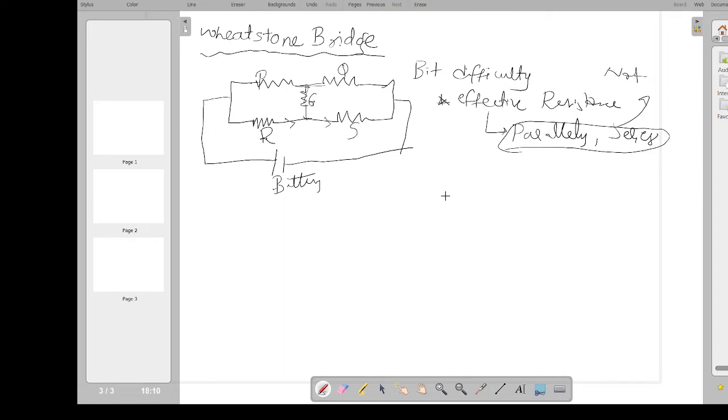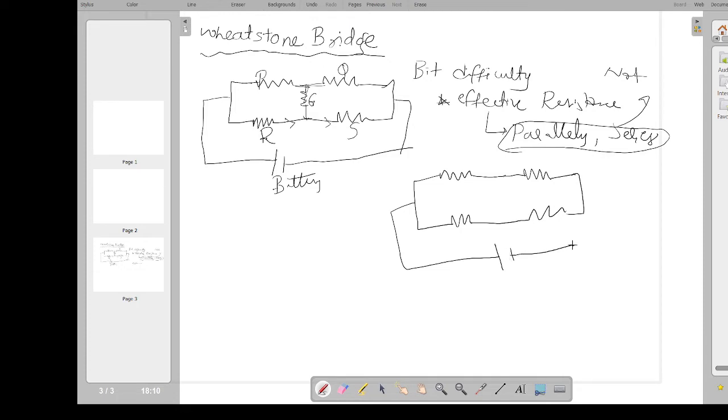So to understand the current flowing through this circuit, I can draw this diagram like this. This is one resistor P and another resistor Q, and this is the R resistor and this is the S resistor. Now I have connected a battery to this circuit. Now I can easily calculate the current flowing through this circuit.